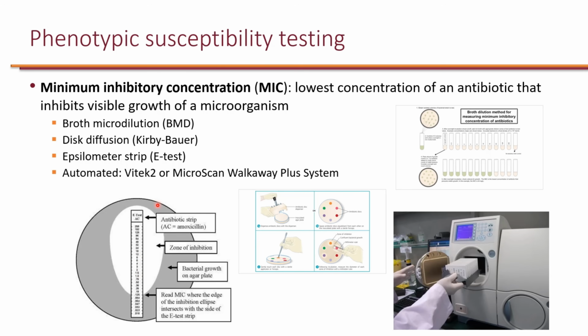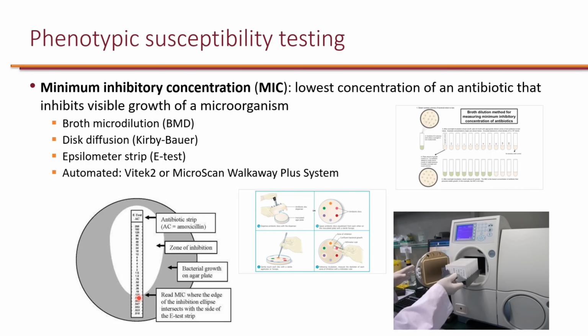Again, you inoculate the plate, you place the strip, and you let it incubate. Then after incubation, you can see a zone of inhibition, and you can see at what concentration the antibiotic stopped inhibiting growth. That would be your MIC. So in this example, we can see that it stopped growing at a concentration of 0.126 or higher.